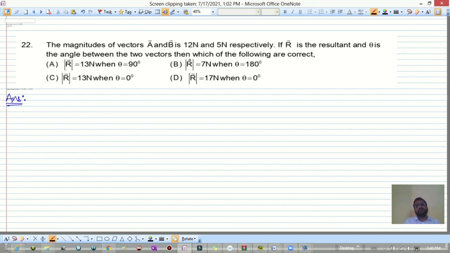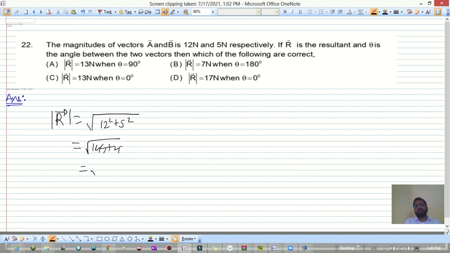As you can see, 12 and 5, 90 degrees indicates R bar is root of 12 squared plus 5 squared, which is root of 144 plus 25, which is equal to root 169, and yes, it is 13 Newton. So I hope this is clear. For the first one, yes, when theta is equal to 90 degrees, we have R as 13 Newton, so option A is correct.